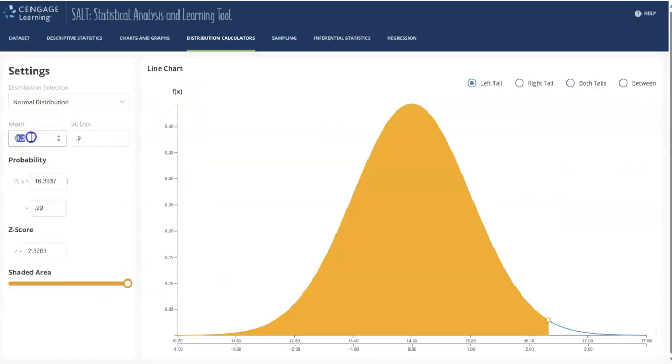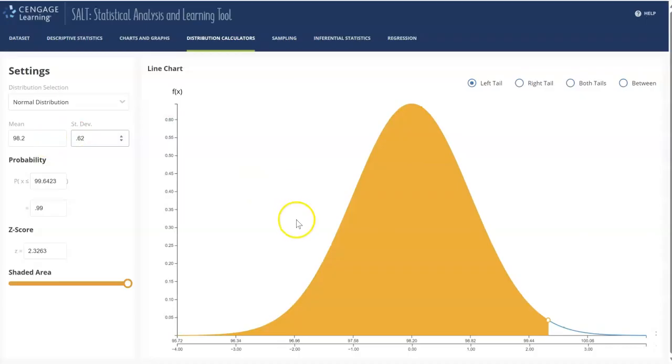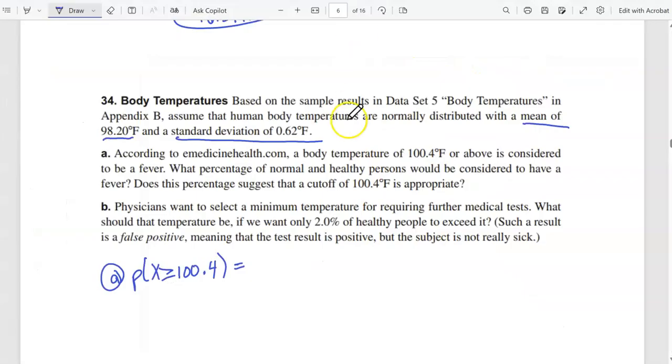Normally distributed, our mean is 98.2. Our standard deviation is 0.62. We are shading to the right because we want greater than 100.4. And since this is a continuous distribution, remember it doesn't matter if it's greater than or equal to.